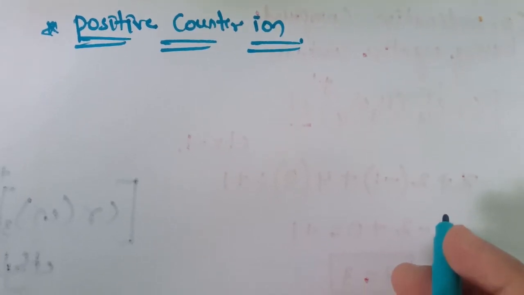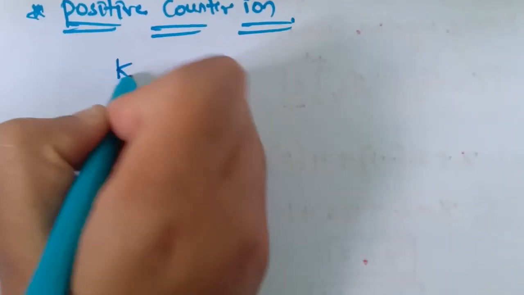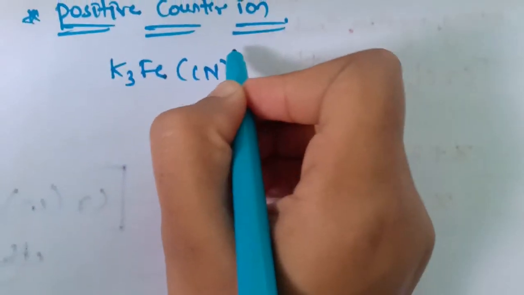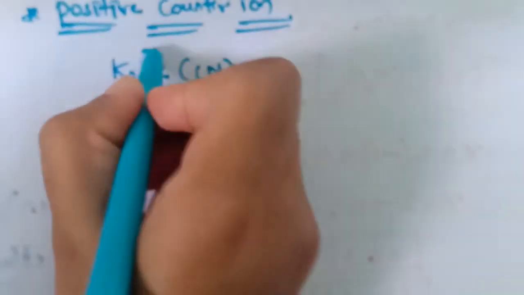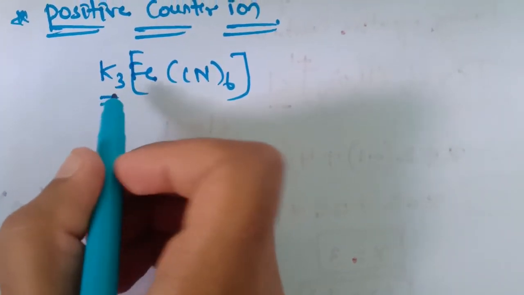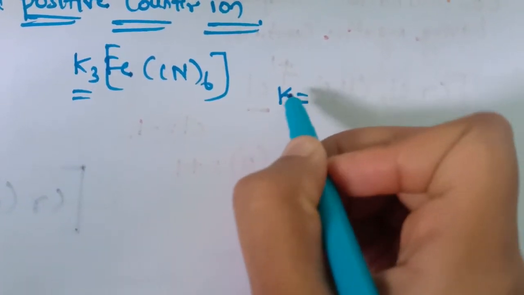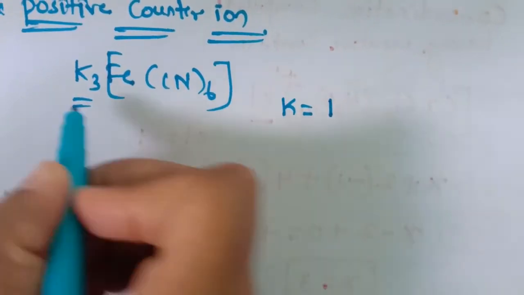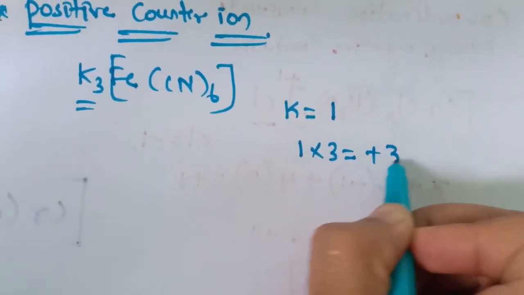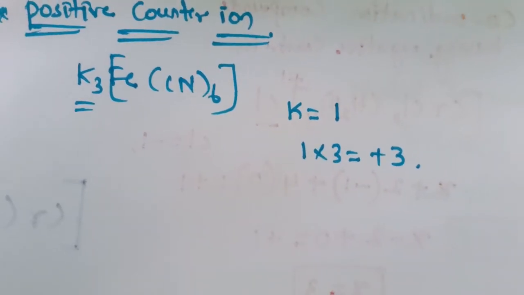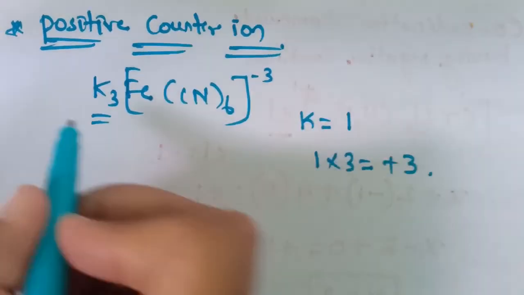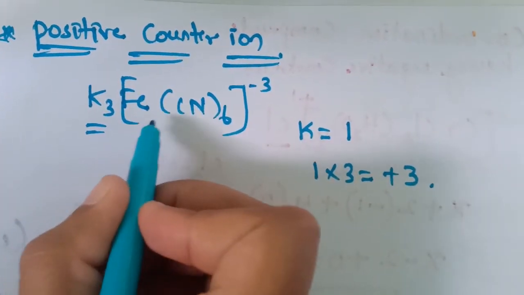Now for coordination compounds having a positive counter ion, K3[Fe(CN)6]. Here the counter ion is K, which has the oxidation number 1. How many K are there? 3. 1 into 3 equals plus 3. So the charge on the complex becomes minus 3, exactly opposite of the counter ion. So here we don't know Fe.